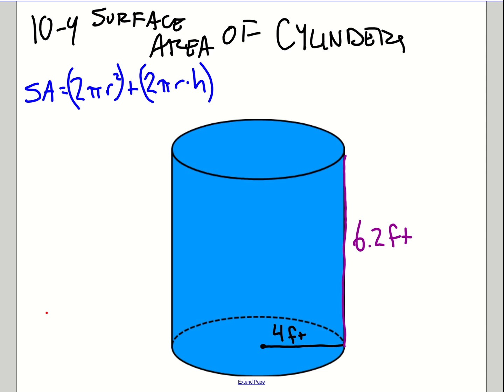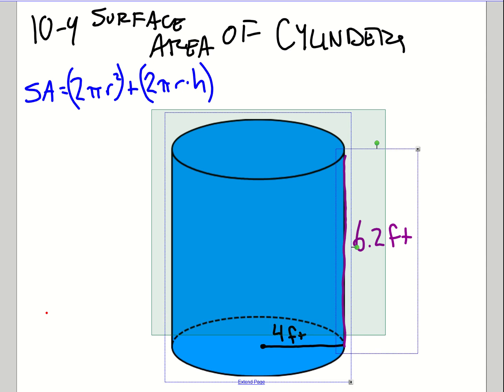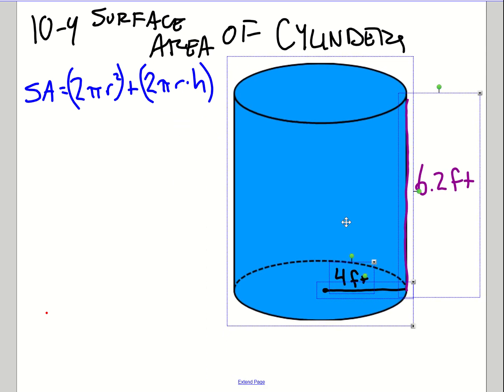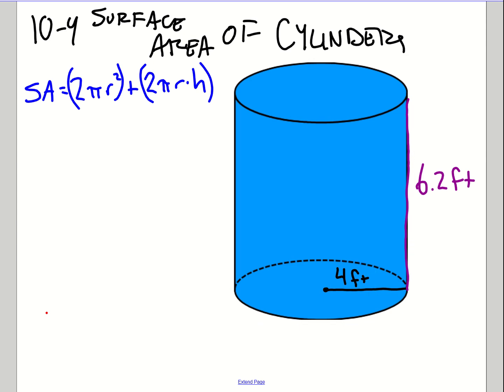Well, because the only two things I need to know to be successful here are radius and my height, I could take this information, plug it right into my equation. So I've got 2 times pi, which is 3.14, times my radius, which is 4 squared.